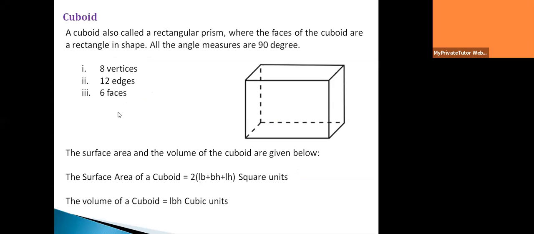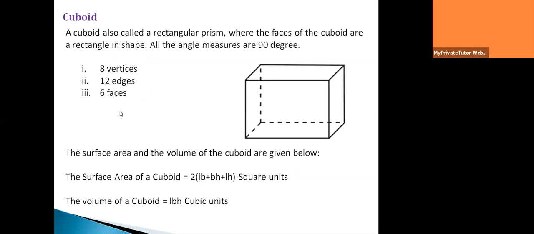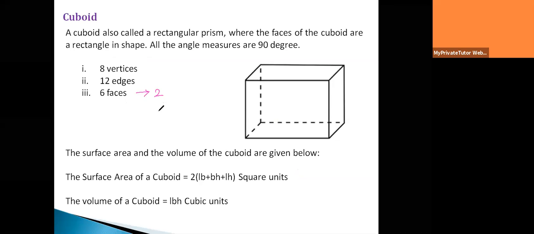The angle measures 90 degrees, and it has 8 vertices, which are coordinates, 12 edges, and 6 faces. Of the 6 faces, those are two separate rectangular faces, two different rectangles. So let's learn what they are.